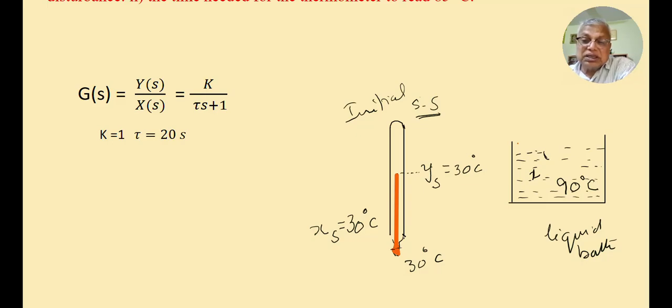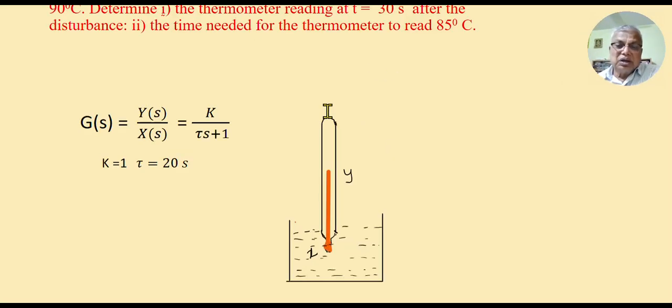Now what happens here at t equal to 0? This thermometer is suddenly placed in the liquid bath. At t equal to 0, this thermometer which was outside is suddenly placed in this temperature bath.